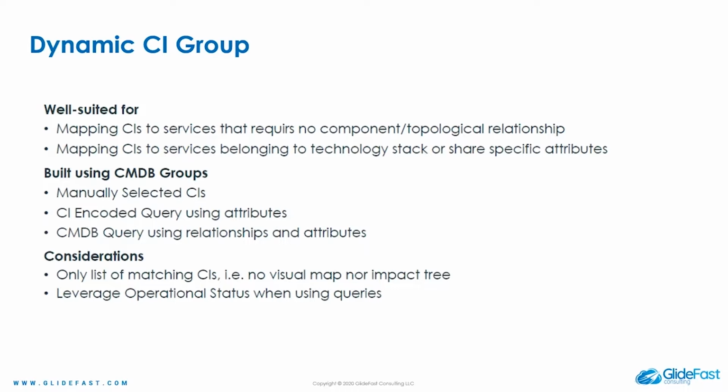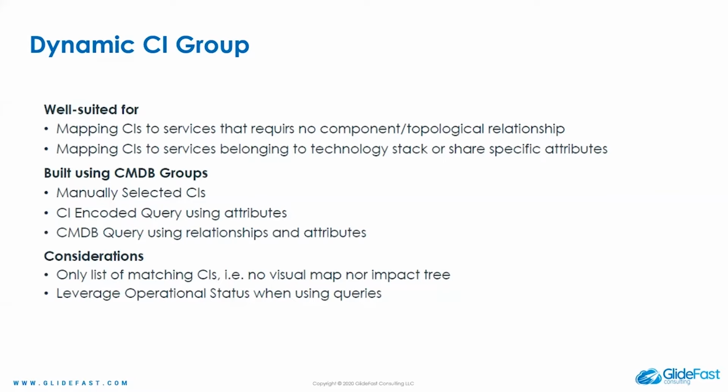You can create a group and identify all of those. You're manually selecting the CIs. You can use queries as well, again using attributes or relationships, but there is no visual map and there's no impact tree. You're just relating infrastructure CIs to a service, and that's it.